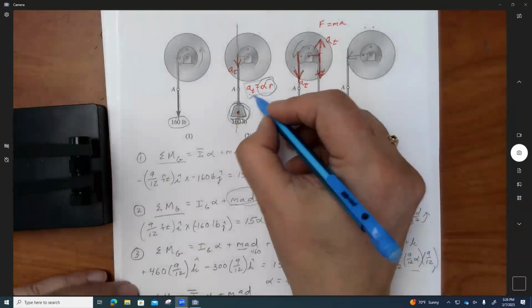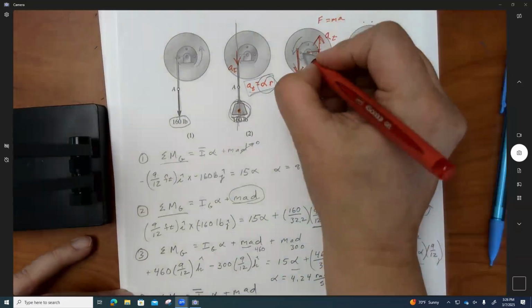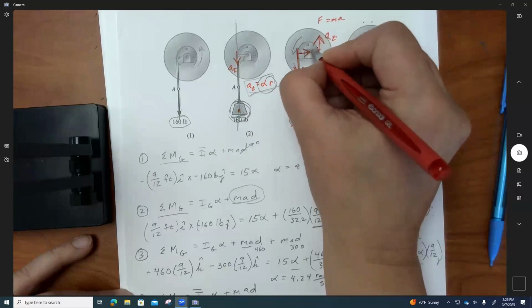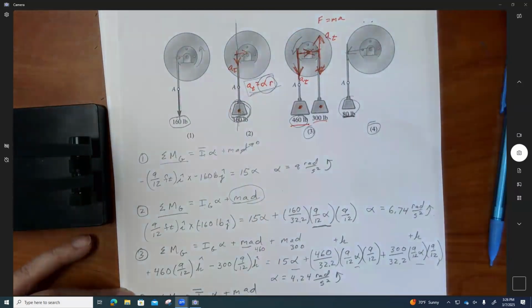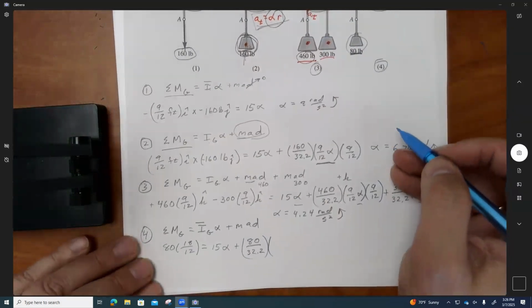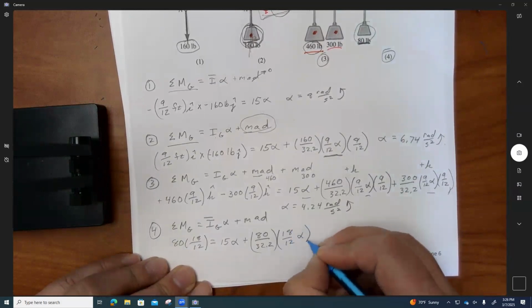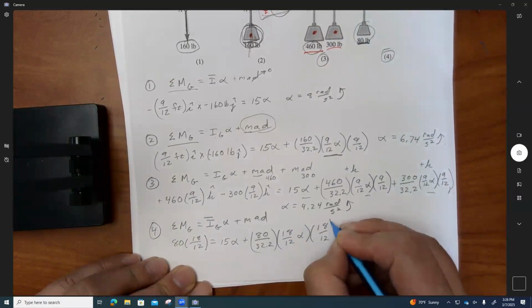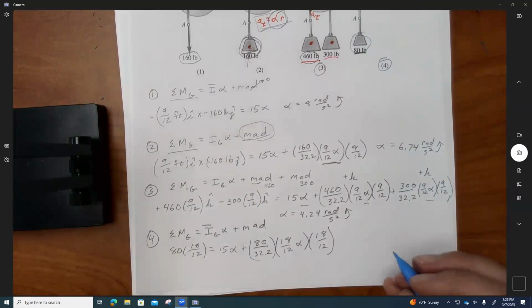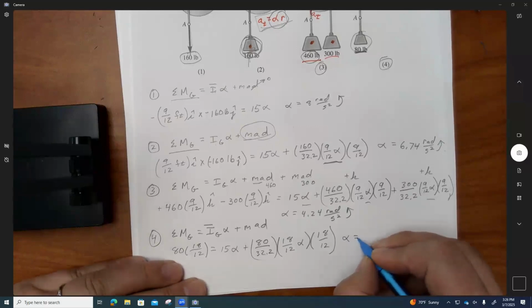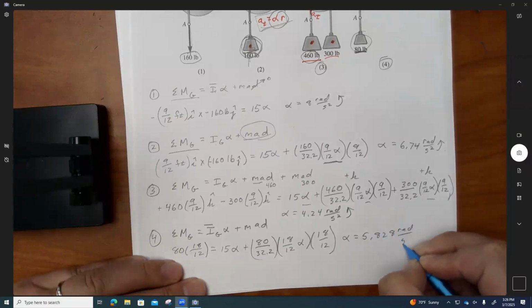And again, the acceleration in the tangential direction, because it does have a normal component, that's another thing, but the normal acceleration is canceling out when we are looking at summing moments at the center of gravity, but the tangential for that mass does not. So let's go ahead and put 18 over 12 alpha at a distance of 18 over 12 away. And if we solve for our value of alpha for the last one, we're going to find that this is 5.828 radians per second squared.